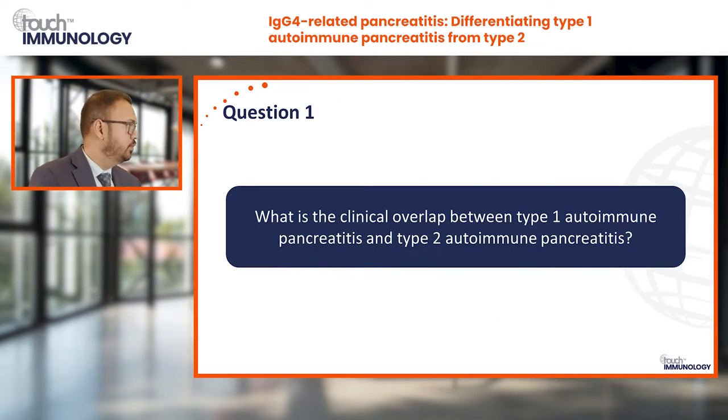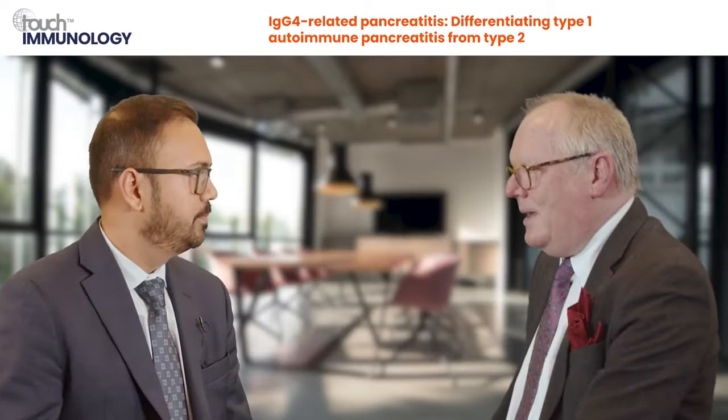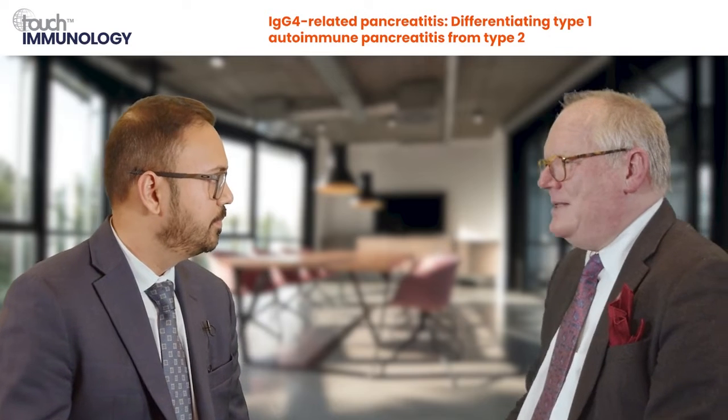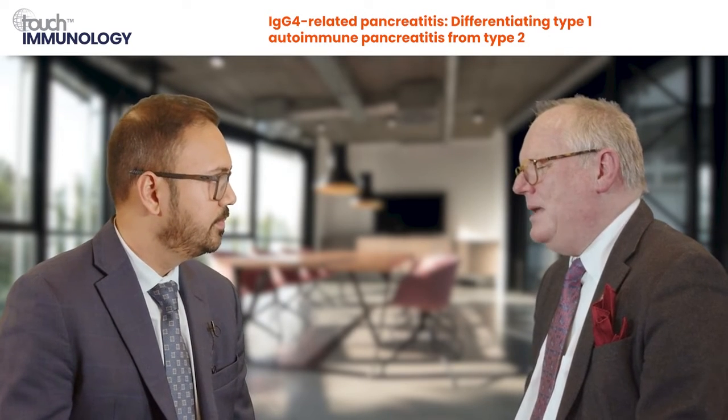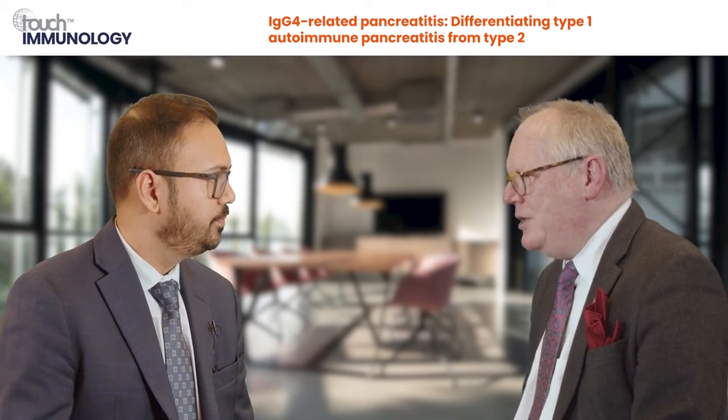So my question for you, Professor Löhr, is what is the clinical overlap between type 1 autoimmune pancreatitis and type 2 autoimmune pancreatitis? Actually, the overlap is not so huge, to be honest, but maybe for pancreatic manifestation.